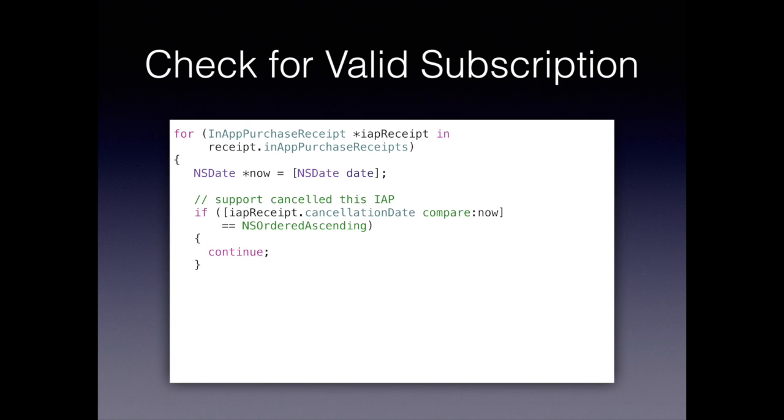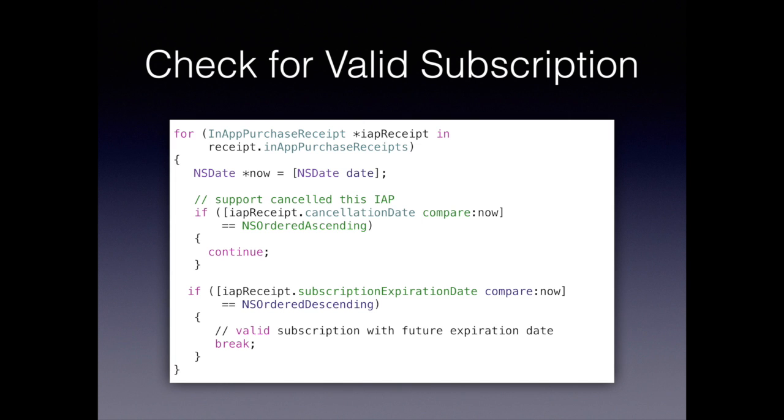The rules say for subscriptions that they can't be cancelled, but I don't want to be relying on that. If there is a cancellation date in the receipt, then I'm checking is that earlier than now, which is what this line is doing, and in that case, I ignore this in-app purchase receipt. And if the subscription expiration date is after now, say in the future, well, then I know I have an active subscription and I can provide the functionality to the user for which he has purchased a subscription.